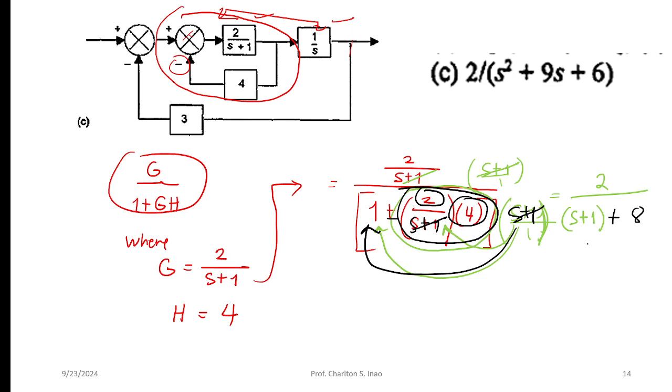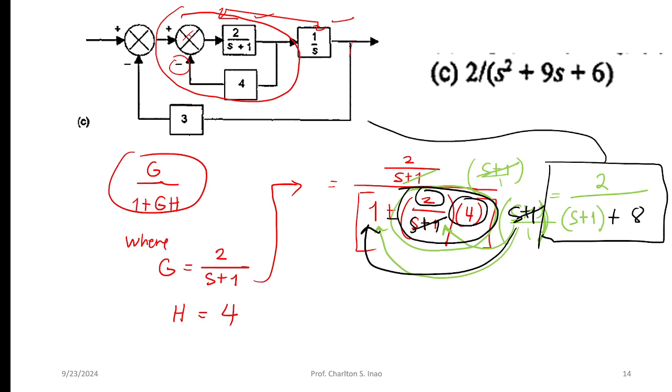Okay? So the result here will be put here, right? So let us do that. There's a summing junction, and we were able to eliminate the summing junction at the middle, which is this one, right? So now it becomes what?